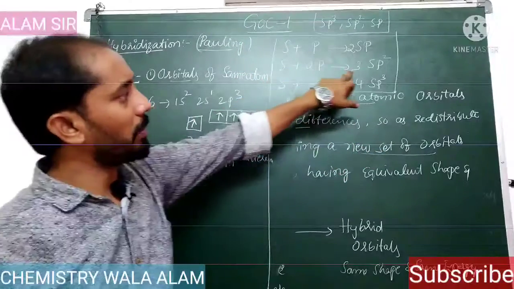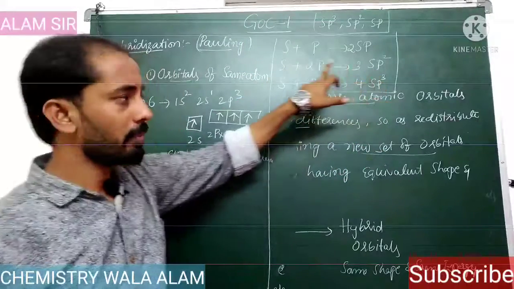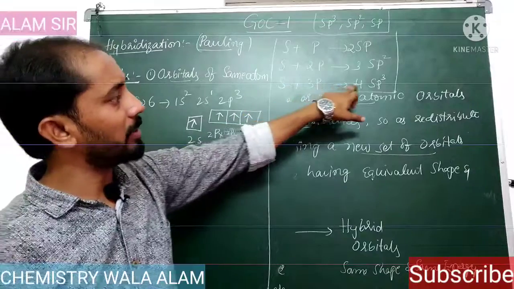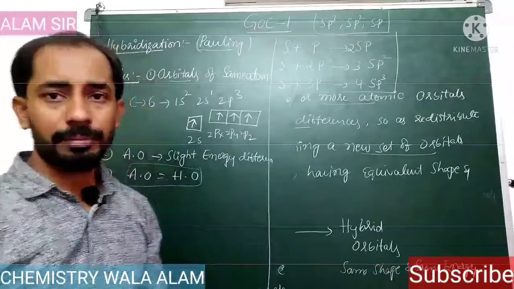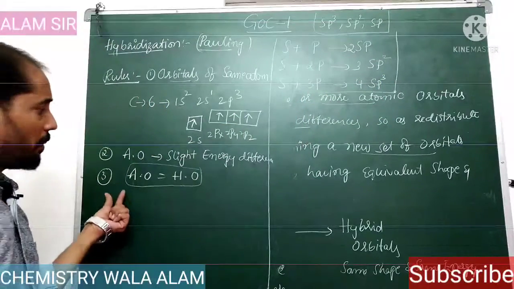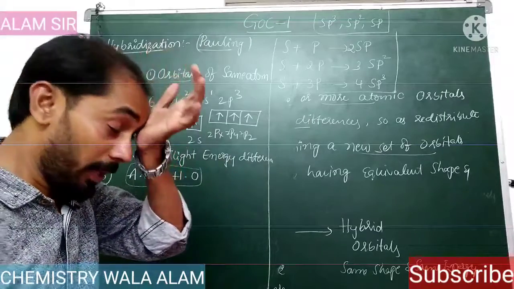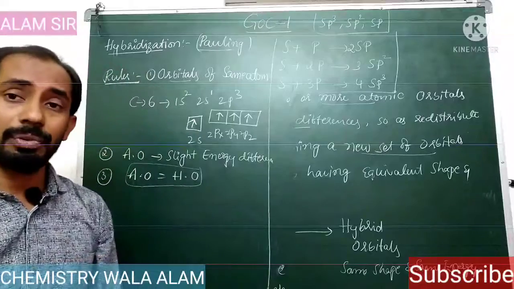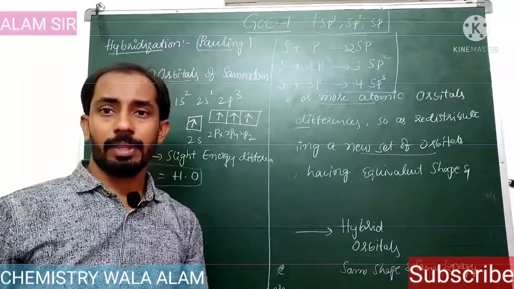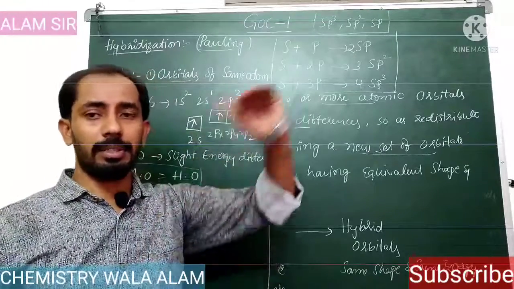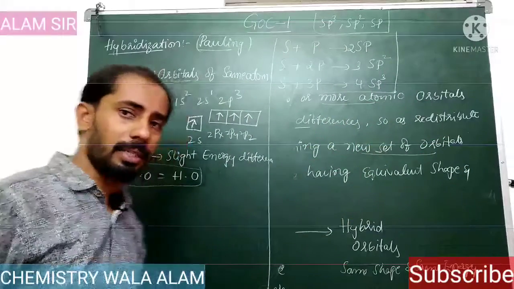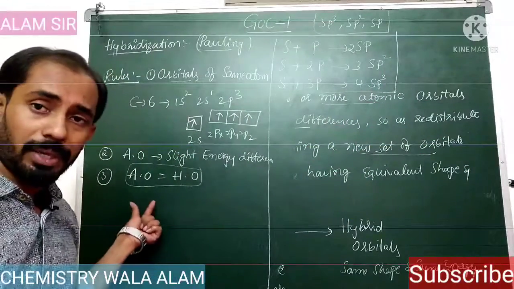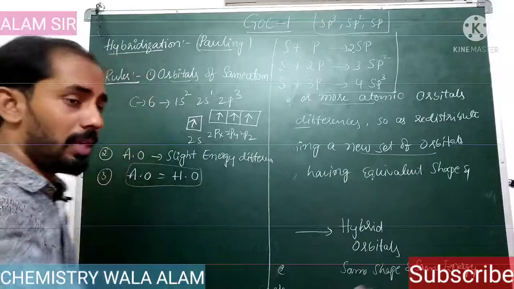So 1s orbital and 2p orbitals give 3 sp2, and 1s orbital and 3p orbitals give 4 sp3. Because the number of atomic orbitals equals the number of hybrid orbitals, like Lavoisier's law of conservation of mass, the number of atoms on the left side equals the number of atoms on the right side. Here also, the number of atomic orbitals involved gives the same number of hybrid orbitals.